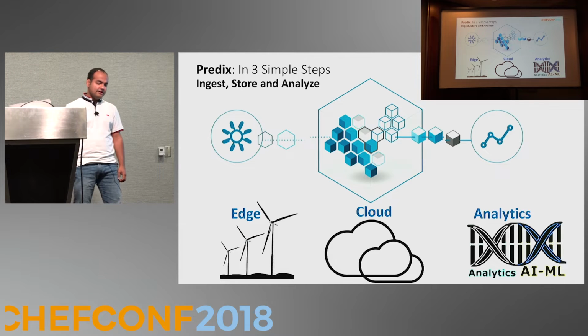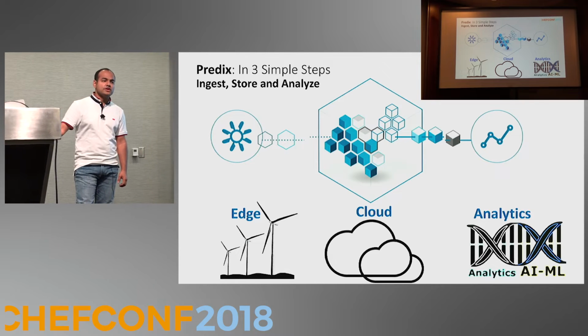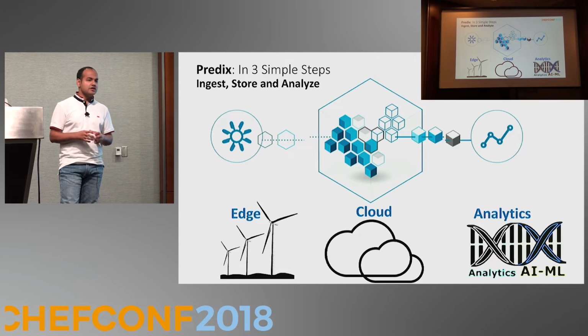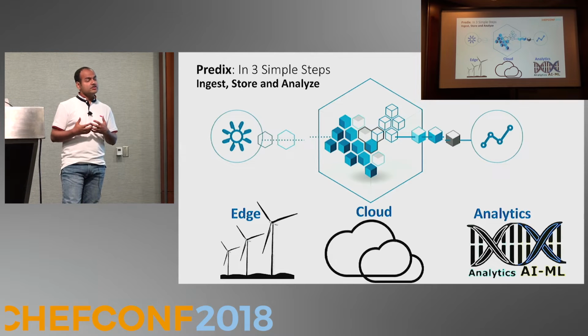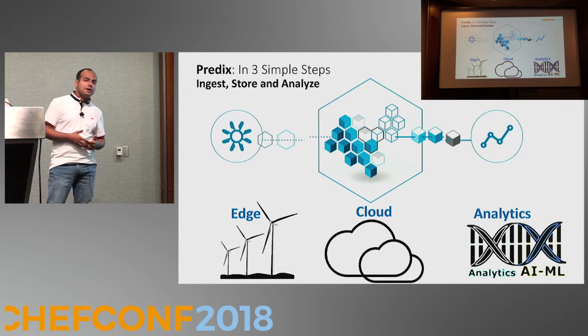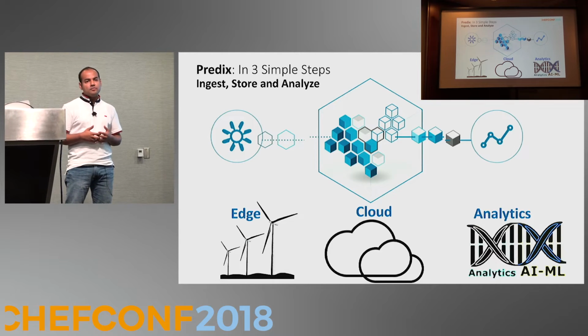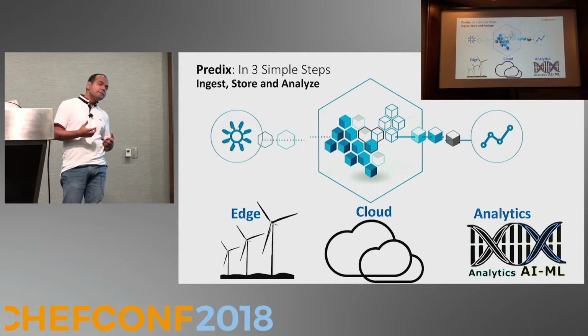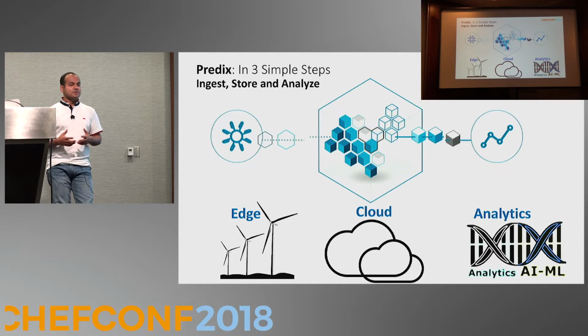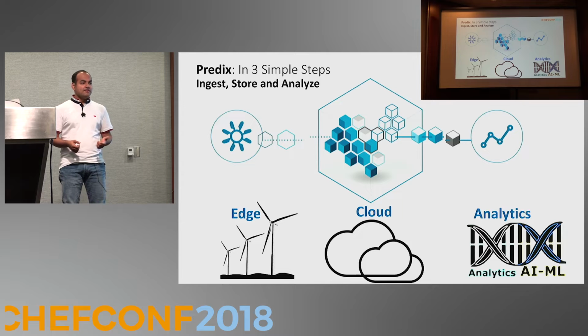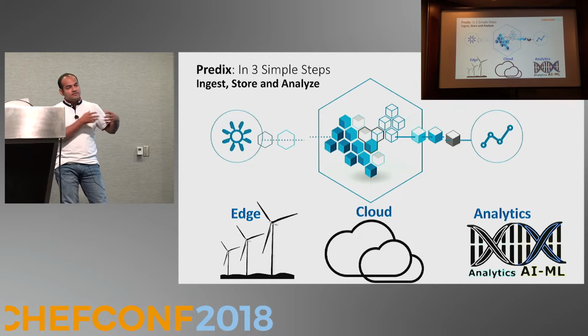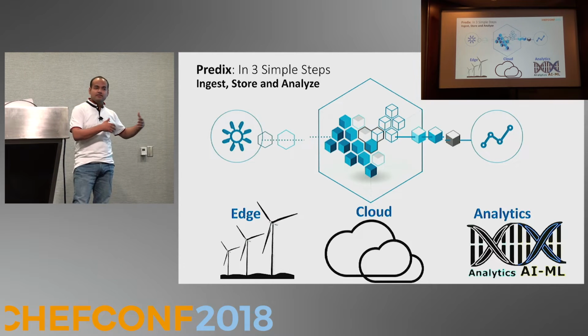At GE Digital, our mission is to create the industrial cloud which industrial companies can use. And so we have an offering called Predix. Predix is an industrial cloud. In 3 simple steps, I can explain what Predix is: basically ingest, store, and analyze. When I say ingest, I mean ingest the data from the edge, which can be a wind farm, a gas turbine, or a jet engine.